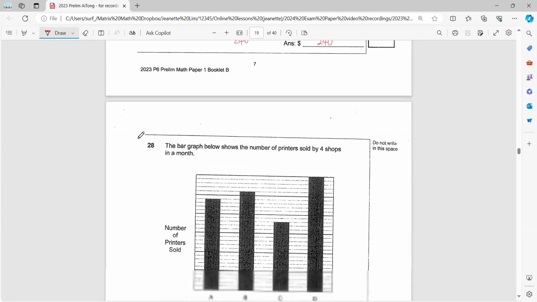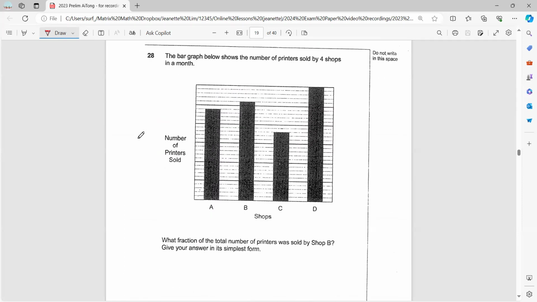Okay, next question, 28. The bar graph below shows the number of printers sold by 4 shops in a month. So the number of printers here is not given, it's just the graph here. What fraction of the total number of printers were sold by shop B? Give your answer in the simplest form. Okay, so let's say we're not sure of the exact numbers, but let's use units.